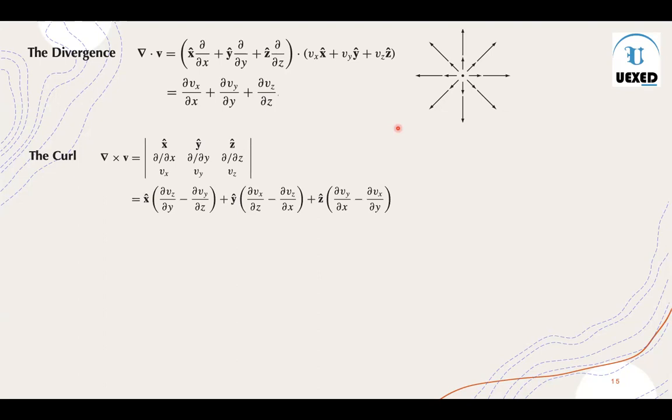And the curl part can again be written simply like the cross product which we did. So you have x cap, y cap, z cap, and then determinant form. You can write del over del x, del over del y, del over del z, and then this v is like vx, vy, vz, and then simple multiplication is going to give you a vector again. Okay.